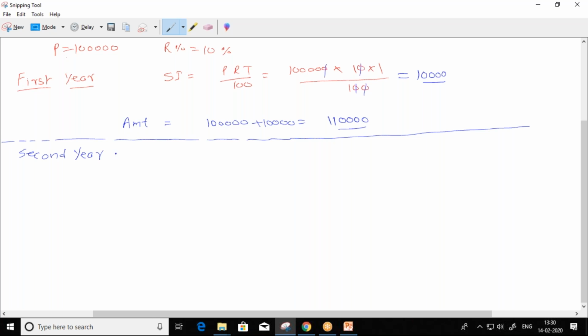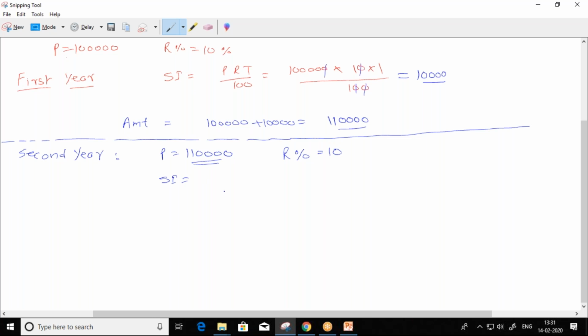In case of the second year, the principal amount is going to be 1 lakh 10,000. As I told you, the lender is adding interest to the principal money, and the rate of interest, obviously, is 10%. So what would be the simple interest here? I'm using the formula of simple interest only, but this is compound interest because every year I'm changing the principal amount.